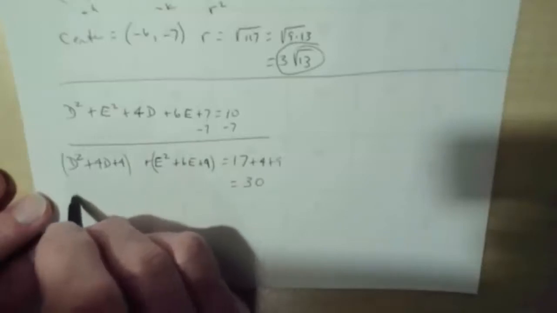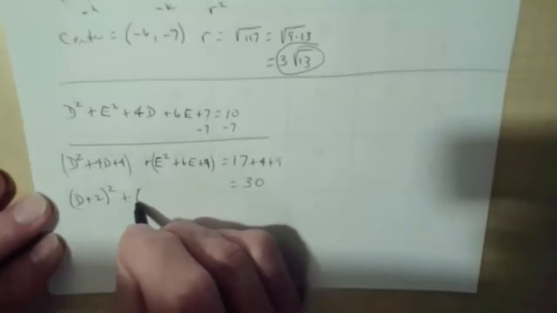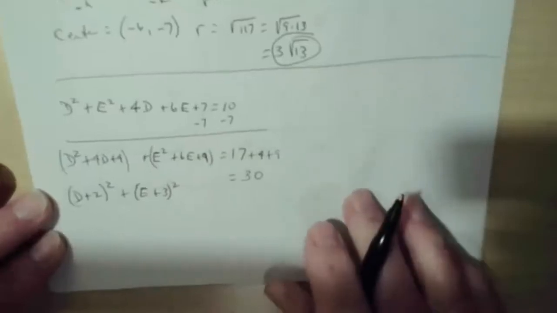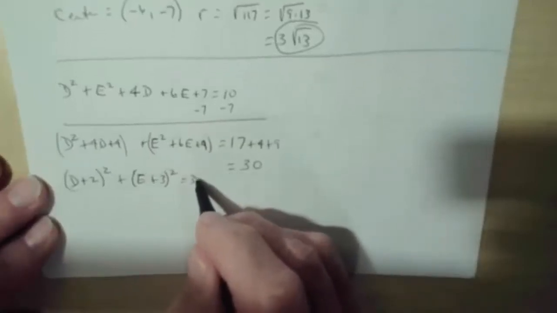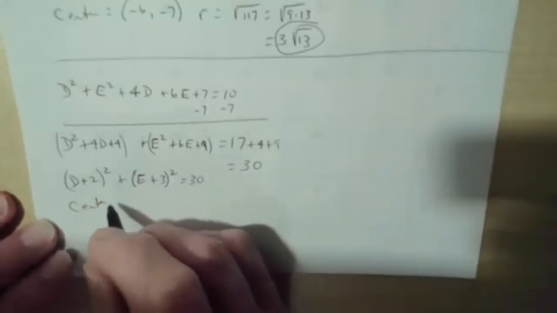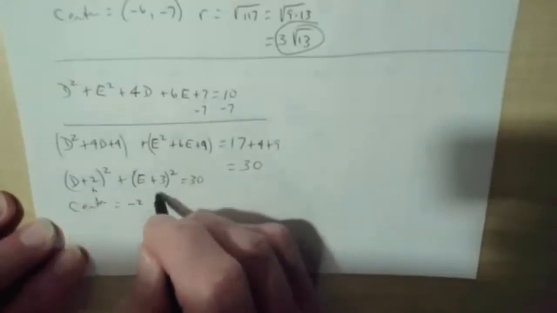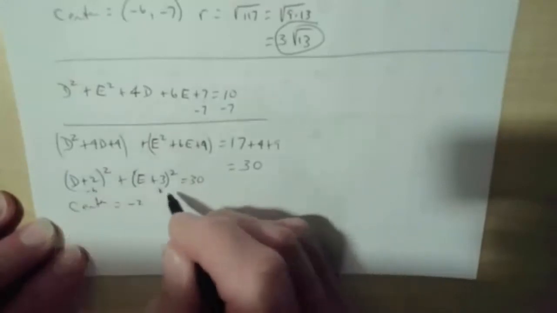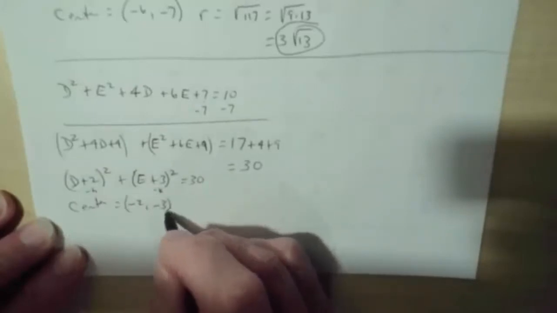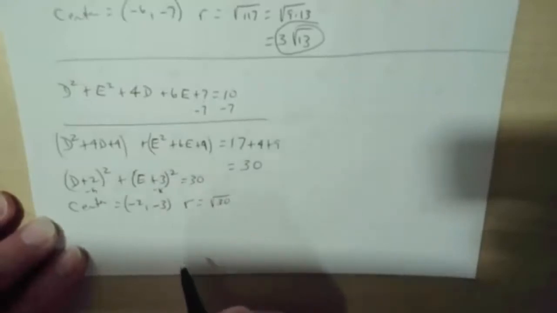It is d plus 2, all squared, plus e plus 3, all squared, equals 30. So our center is negative 2, h and k, negative h, negative k, and negative 3. And our radius is the square root of 30.